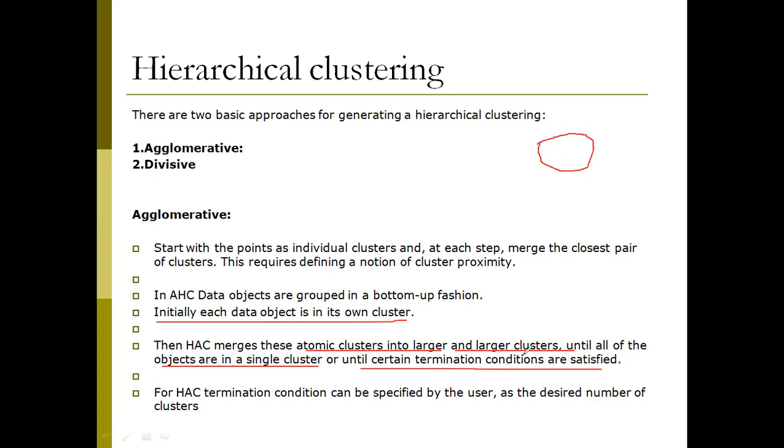The final outcome of this clustering is a single cluster. By merging all the data points within a data set level wise, finally you get only a single cluster as the outcome. This is the termination condition for agglomerative hierarchical clustering.